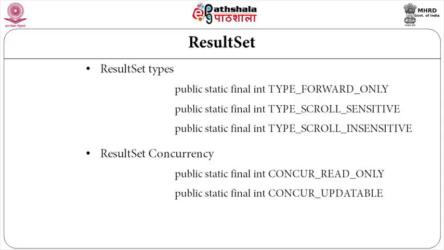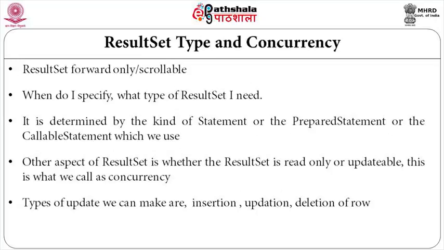So you have forward only result set, or you might have a scrollable one. Again, scrollable could be scroll sensitive or scroll insensitive. If it is scrollable, whether sensitive or insensitive, you can use all the navigation methods. But if it is forward only, you can't use all kinds of row wise navigation methods. You can't use previous and methods which go back.